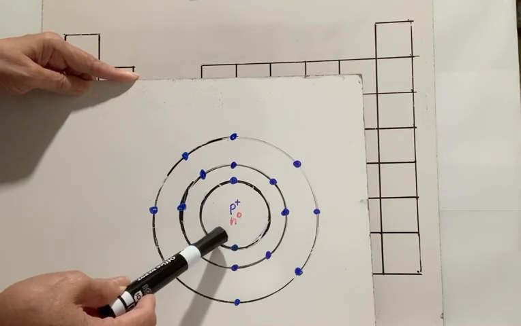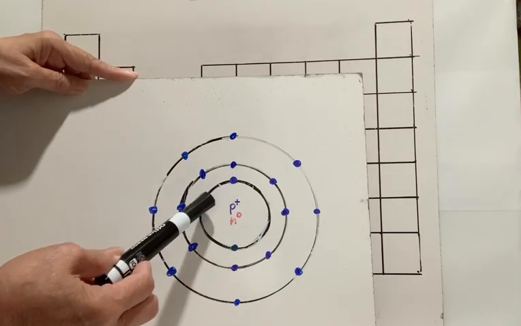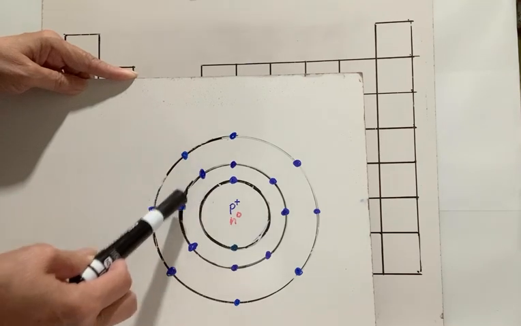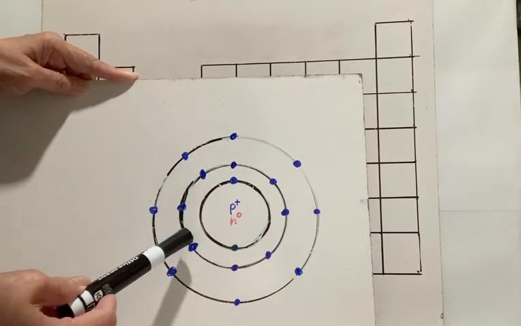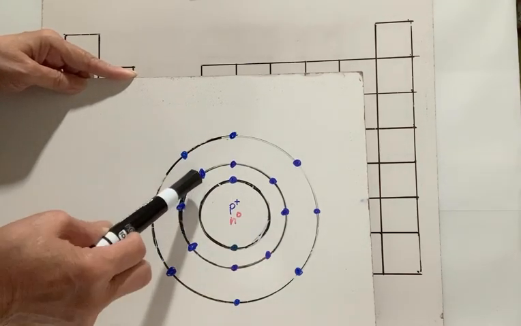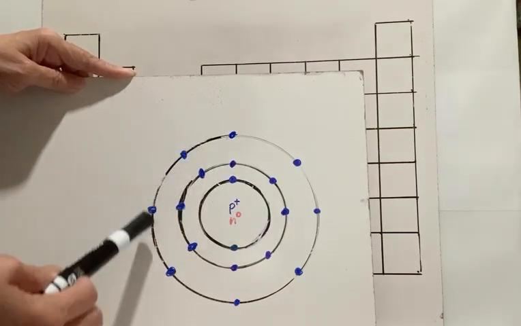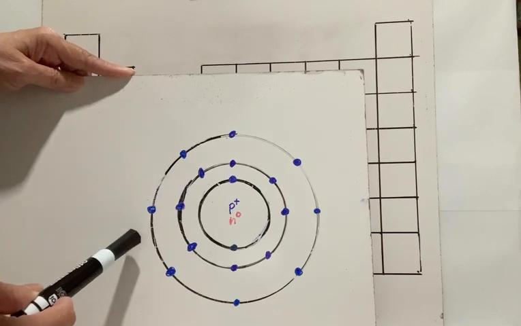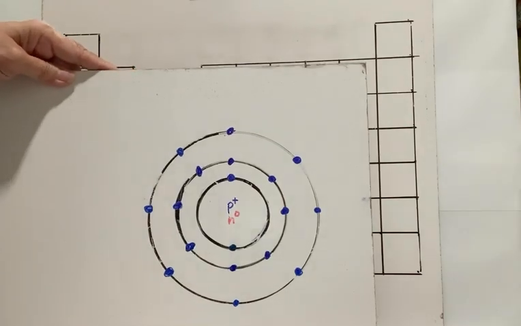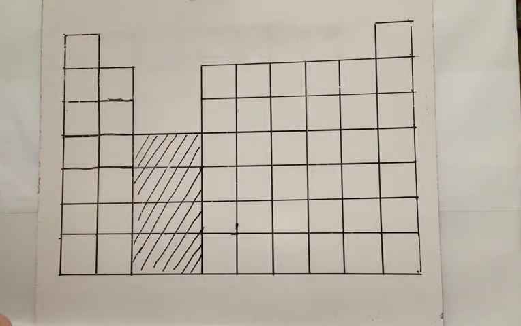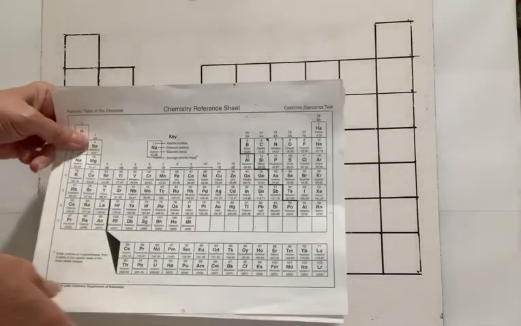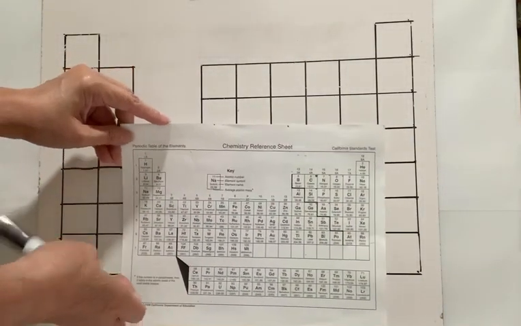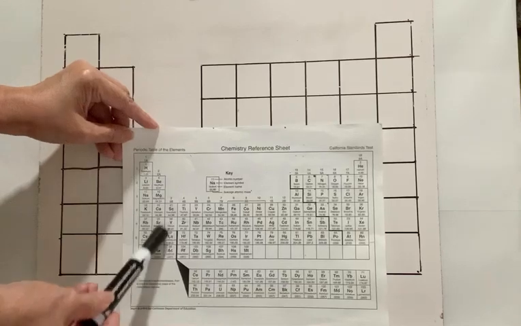And then if it is already filled up, it will go to the next level that can hold 8. And when it is filled up, it will proceed to the next level, and so on and so forth. Okay? So, to relate the concept with the periodic table, we will study only these groups of the periodic table.